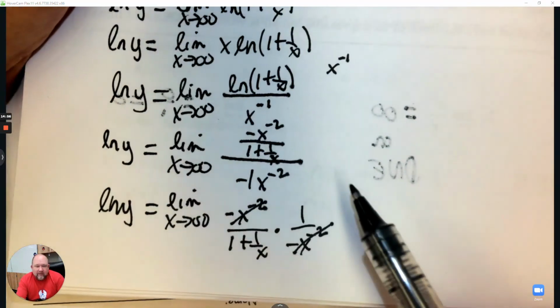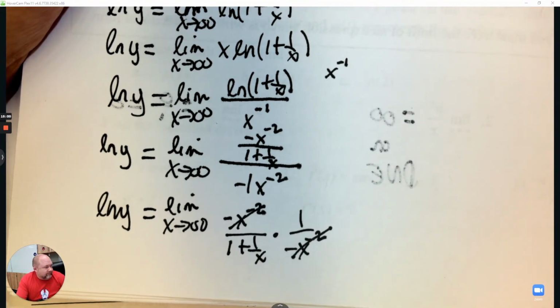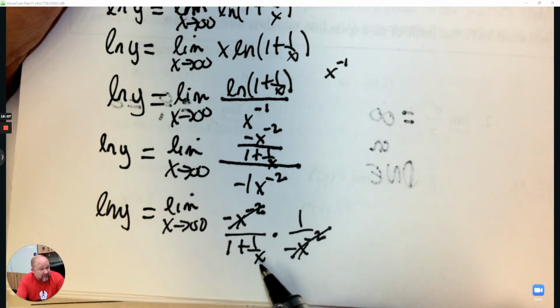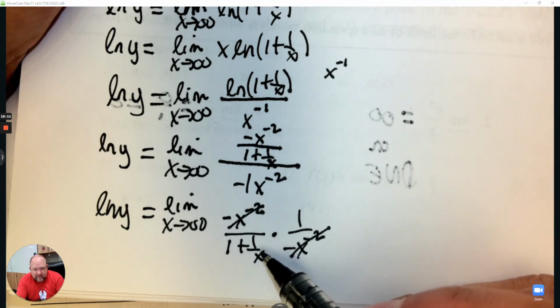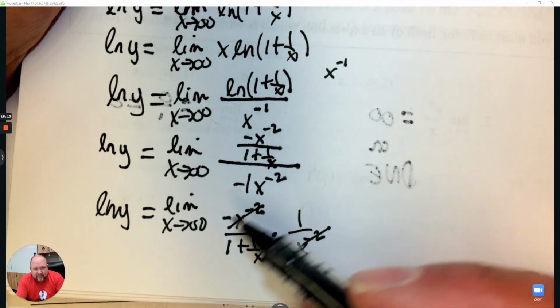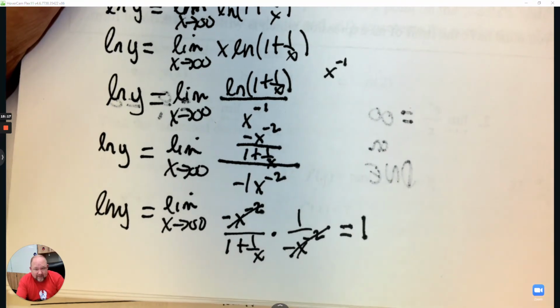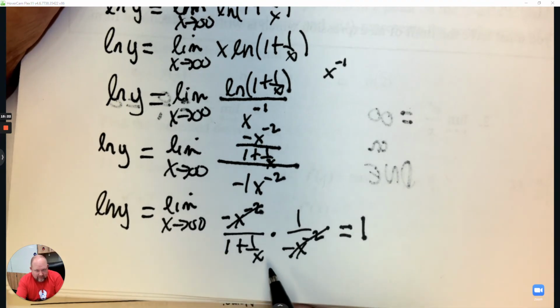What I'm left with is 1 over 1 plus 1 over x. At this step, you can actually plug in infinity. If I plug in infinity, what is 1 over infinity? It's 0. So all I'm left with is 1 divided by 1, which equals 1. We can now evaluate that limit. So I have ln y is equal to 1 once I plug in infinity.